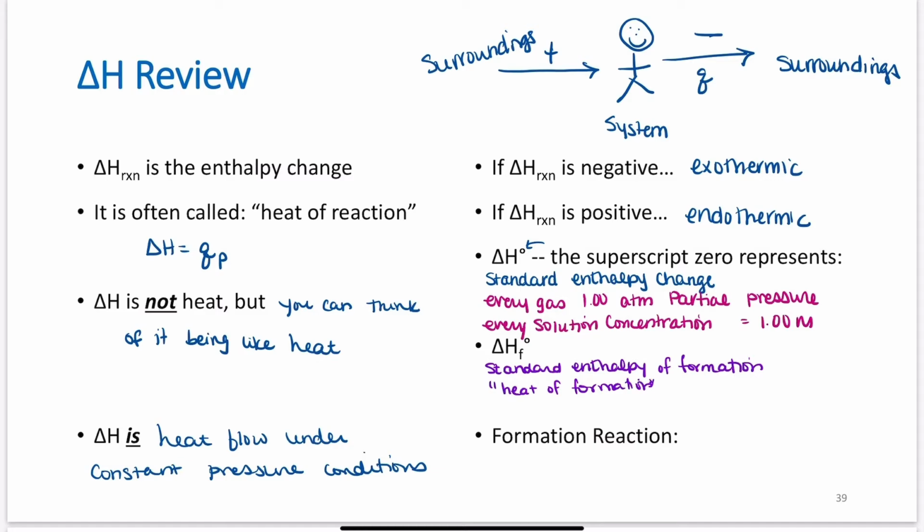And delta H naught sub F is just a specific shorthand for a particular thermochemical equation, specifically for a formation reaction. Hopefully that is at least somewhere in the back of your brain as a review from first semester. As a reminder, a formation reaction is when we form 1 mole of a substance from its elements in their most stable form.